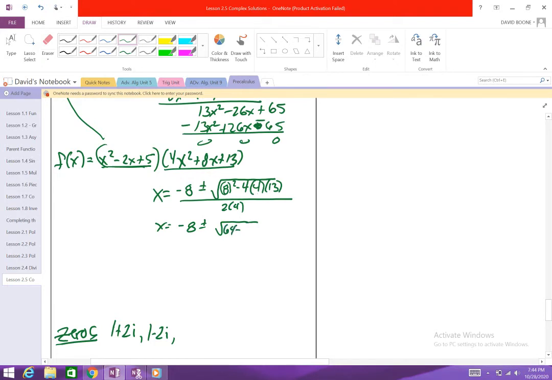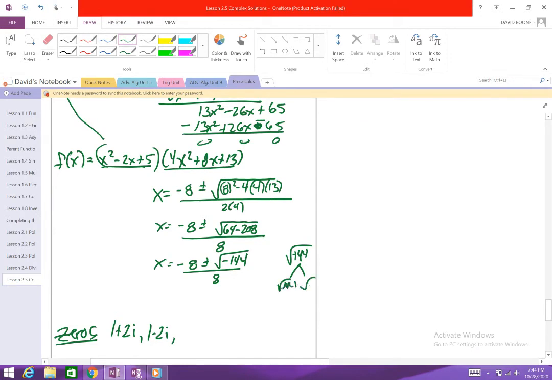So x equals negative 8 plus or minus, inside, 8 squared is 64, minus 4 times 16 is 208. Use a calculator real quick on that. 2 times 4 is 8 on the bottom. We got x equals negative 8 plus or minus the square root of negative 144 over 8.